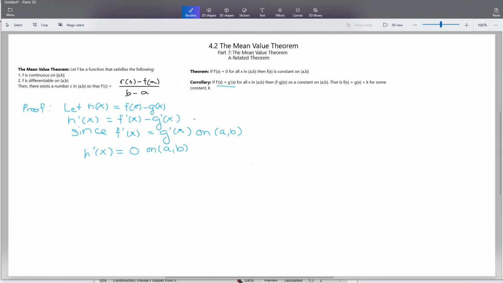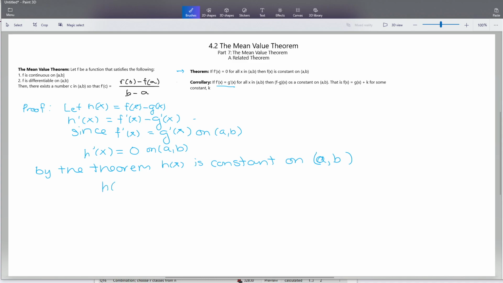Okay, now we're going to use this first theorem to find a conclusion. So in this case we have h prime of x is 0 on that open interval. Okay, so by the theorem, h of x is constant on ab. Okay.